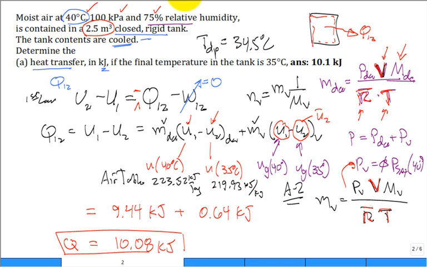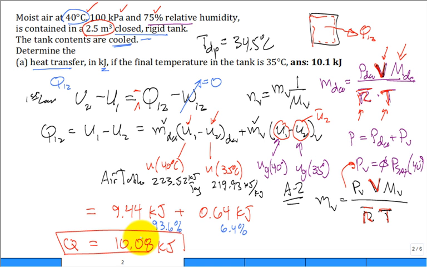You can go back and say that 93.6% of the heat transfer was associated with the cooling of the dry air, and 6.4% is associated with cooling of the water vapor.